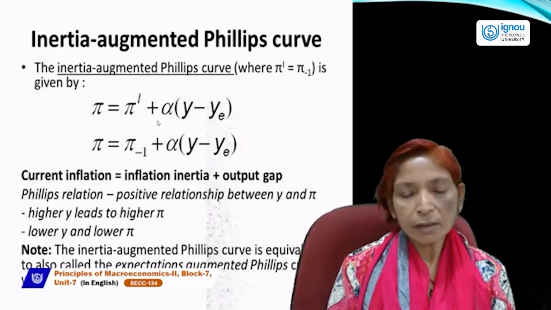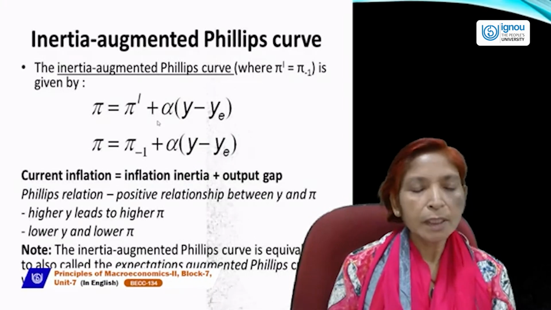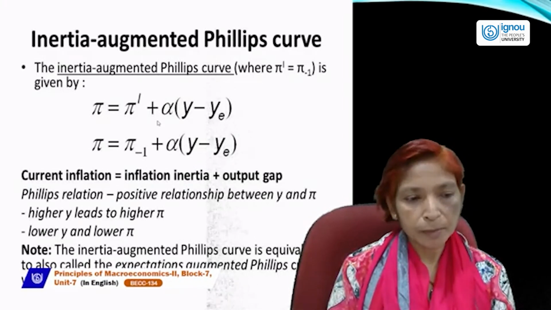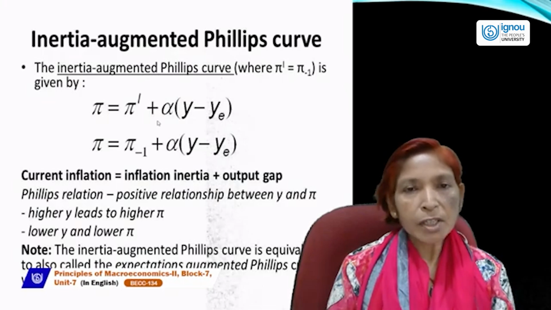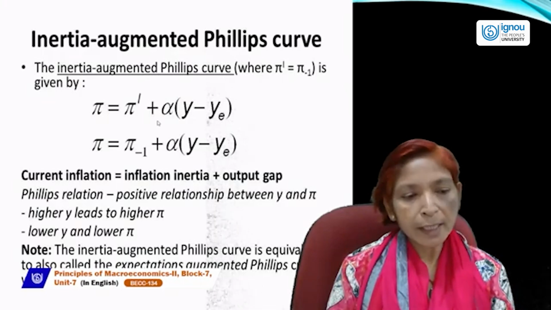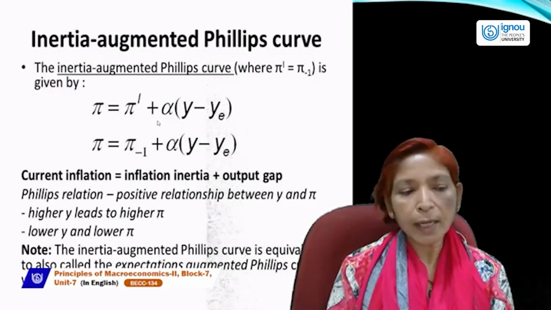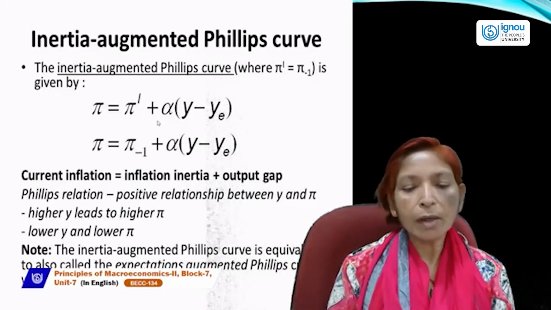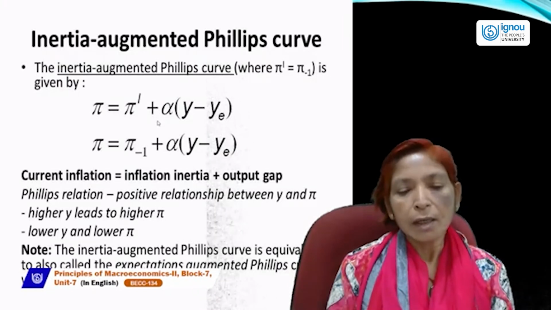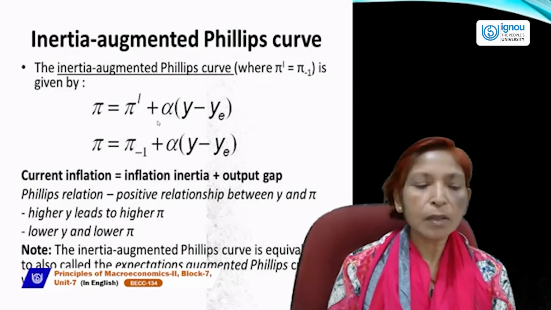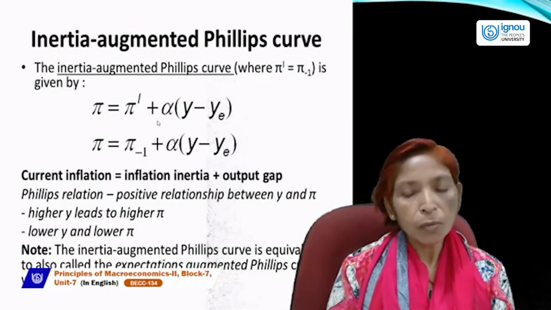Higher inflation leads to higher output and lower inflation leads to lower output. Here we must note that the inertia augmented Phillips curve is equivalent to, also called, the expectations augmented Phillips curve, where pi e equals pi minus 1.